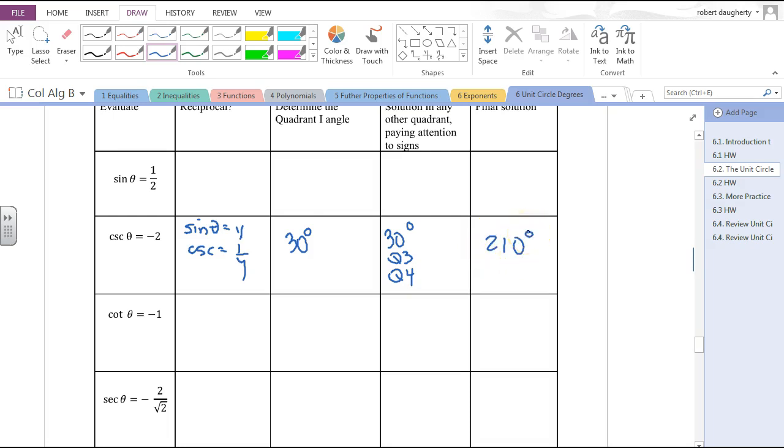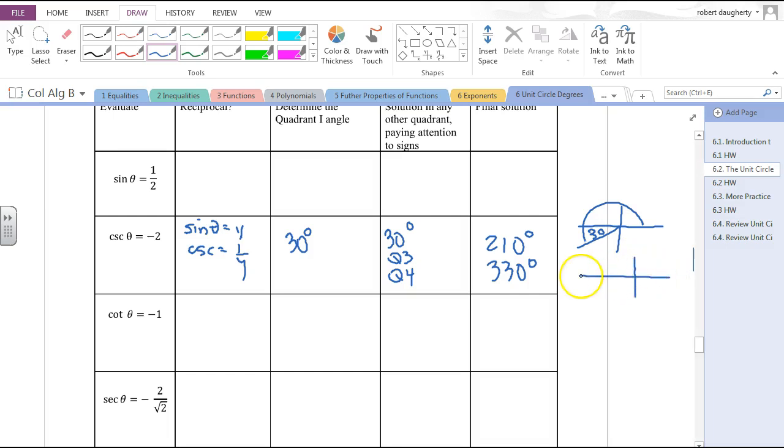210 is correct. What's the other one? 330. The way I did that: I need a 30-degree angle in quadrant 3. The angle from there to there is 180 plus 30, which is 210.